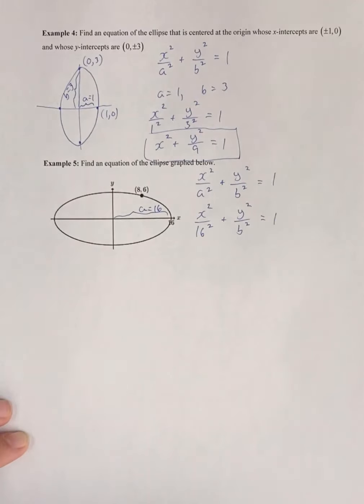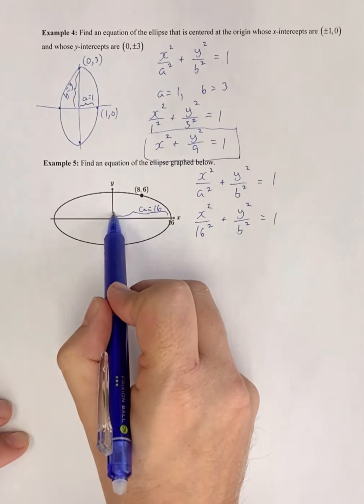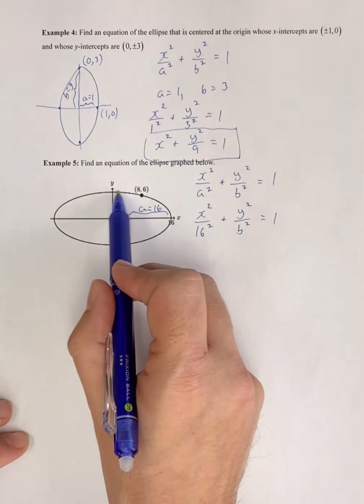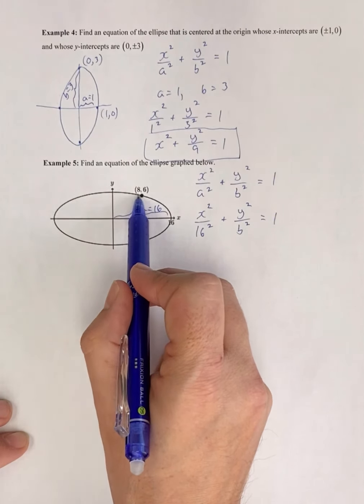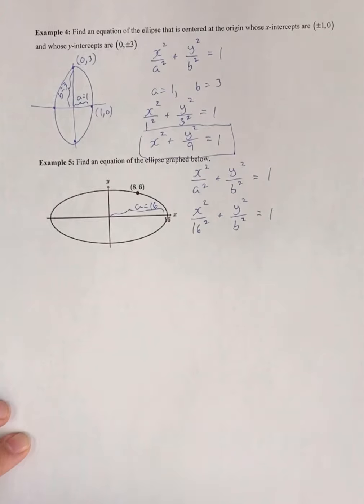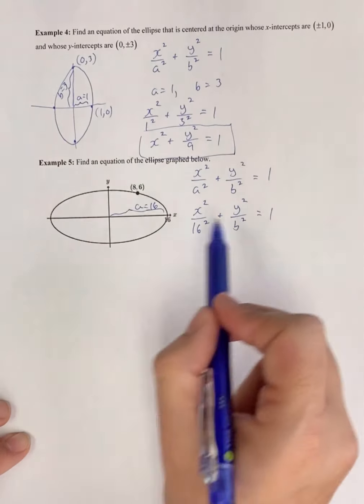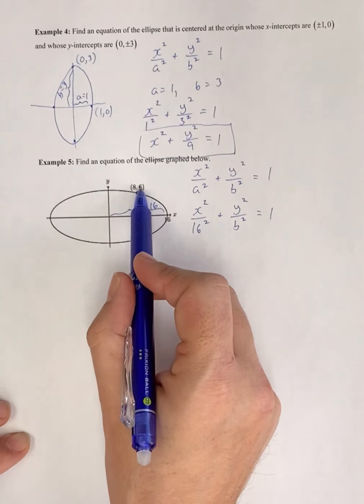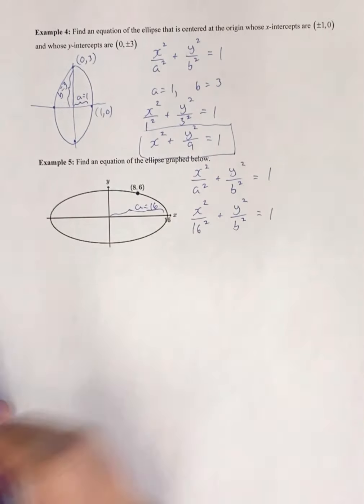I can't tell B just by looking. B is this vertical distance, and I don't know what that is. It doesn't tell me what that height is. It's not 6. 6 is after we've gone down a little bit. Well, what I'm going to do is I'm going to plug in the coordinates of this point. Here I've got an x value and a corresponding y value that satisfies the equation.